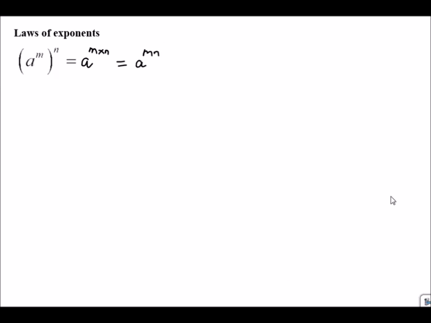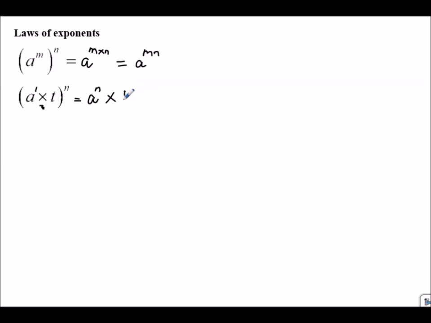Let's look at the next one. When I have a product raised to a power, each factor must be raised to a further power. So here we're going to write down the base. And remember, we can only do this if we multiply. This is going to be a to the 1. So 1 multiplied by n is n.